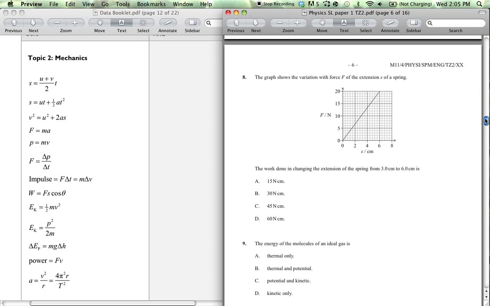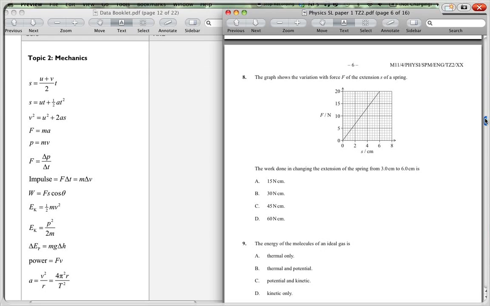Here we have the graph that shows the variation with force F of the extension s of a spring. The work done in changing the extension of the spring from 3 centimeters to 6 centimeters is. Now again, from the graph, you need to decide, is it the slope or is it the area? Now we know that work, and here's our formula over here, is equal to Fs, or force times distance.